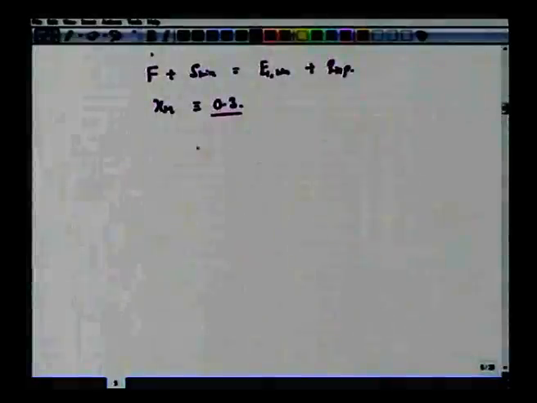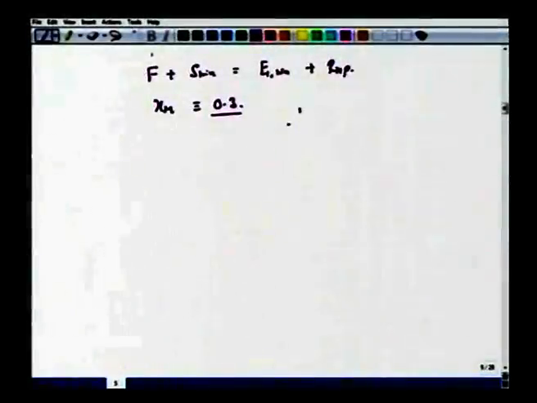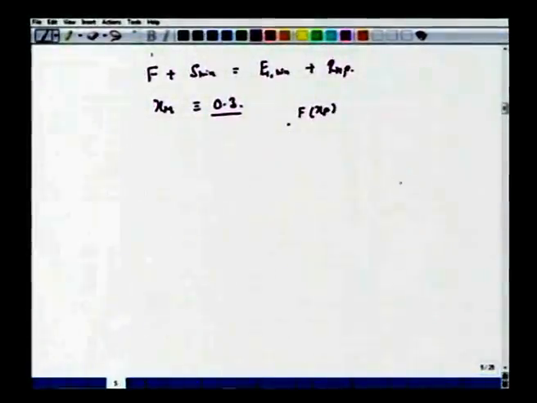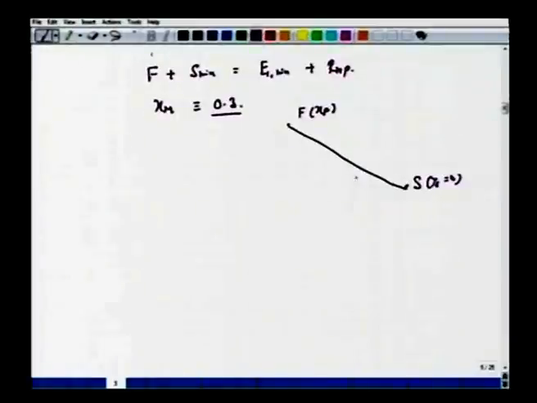That means now we can apply a tie rule. Say this location was F here for XF, and here we have S, solvent, which is YS equal to 0. If you connect this point here, we get this XM as 0.3.